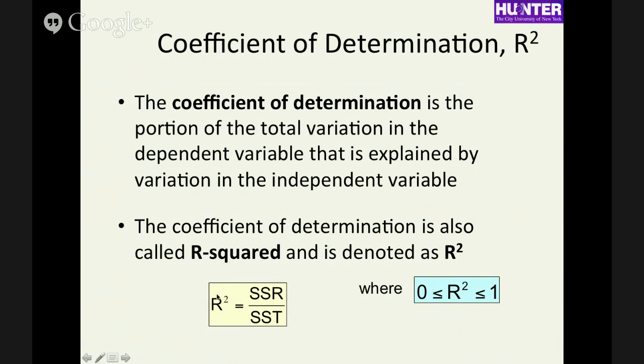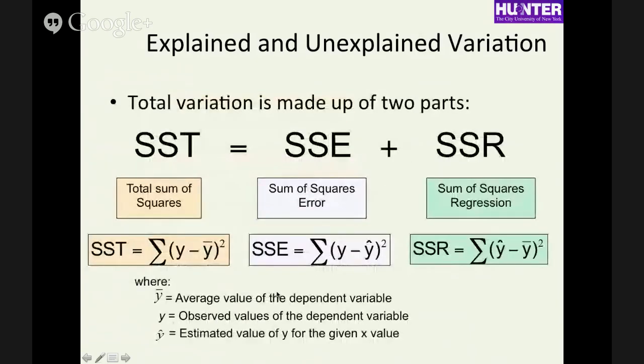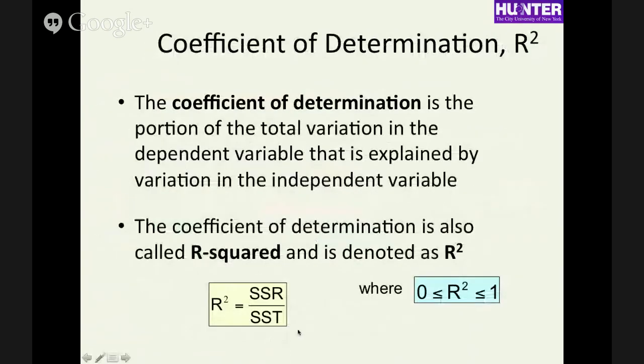So looking at this, does someone want to phrase for me what that interpretation is? So the sum of squares of the regression divided by the sum of squares total. If you were to think of this as a variance, how would you put this into words?